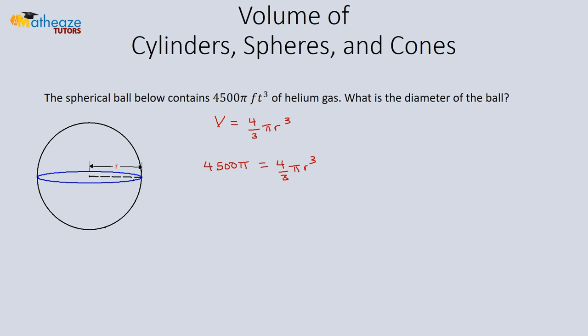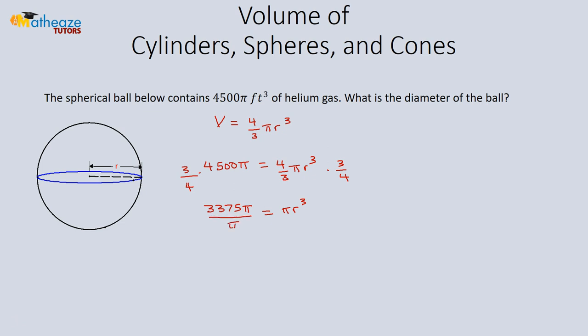Now we multiply both sides by 3/4, and that should get rid of the fraction. So if you multiply this by 3 over 4, you have 3,375 pi equal to pi r cubed.